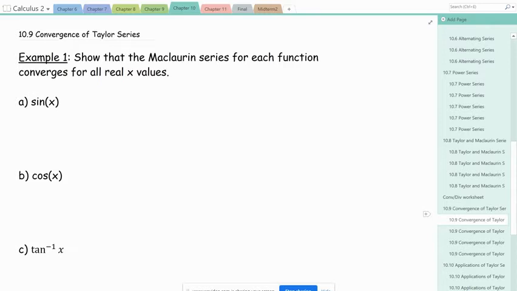And so to show that sine converges for all real values of x, note that, remember, sine is the odd powers. So we have x minus x cubed over 3 factorial plus x to the 5th over 5 factorial, and so on.